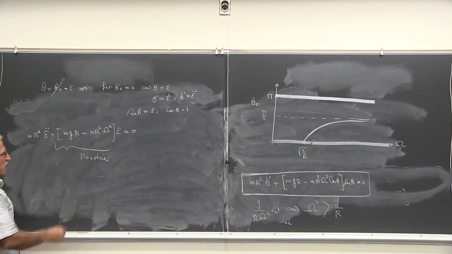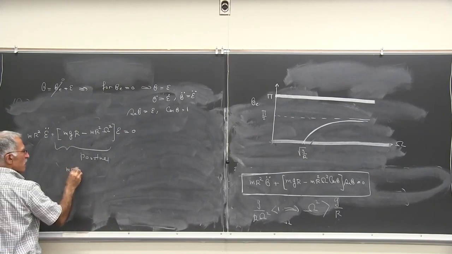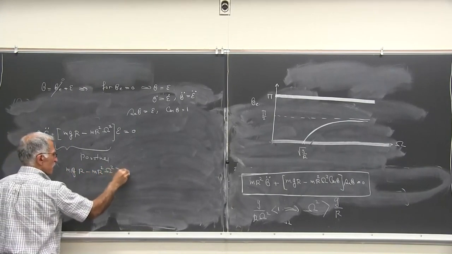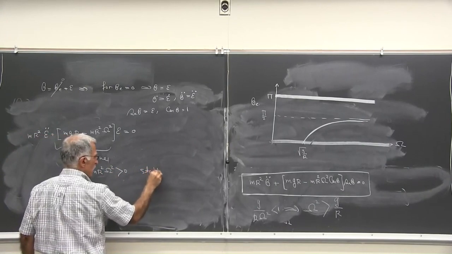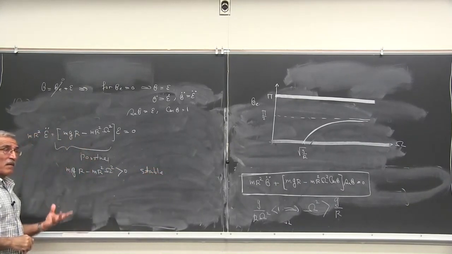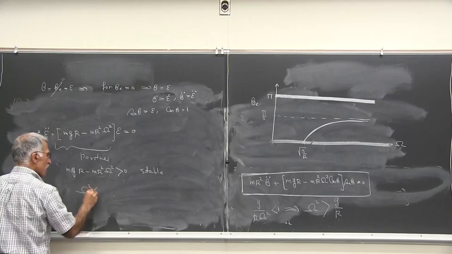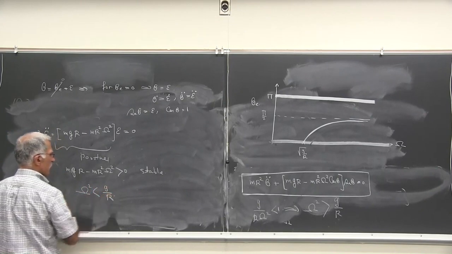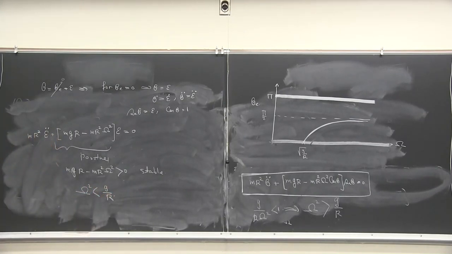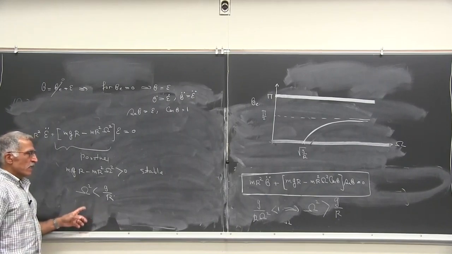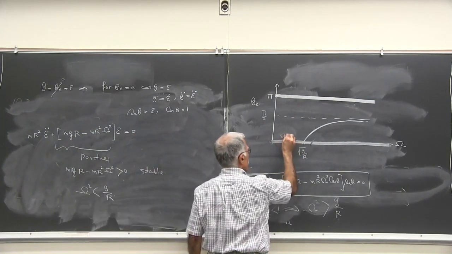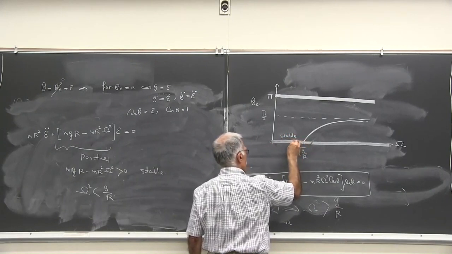Based on this, if m g r minus m r squared omega squared is positive, it's stable. In order to be stable, omega squared must be less than g over r. So up to this omega, up to this speed, you are stable.